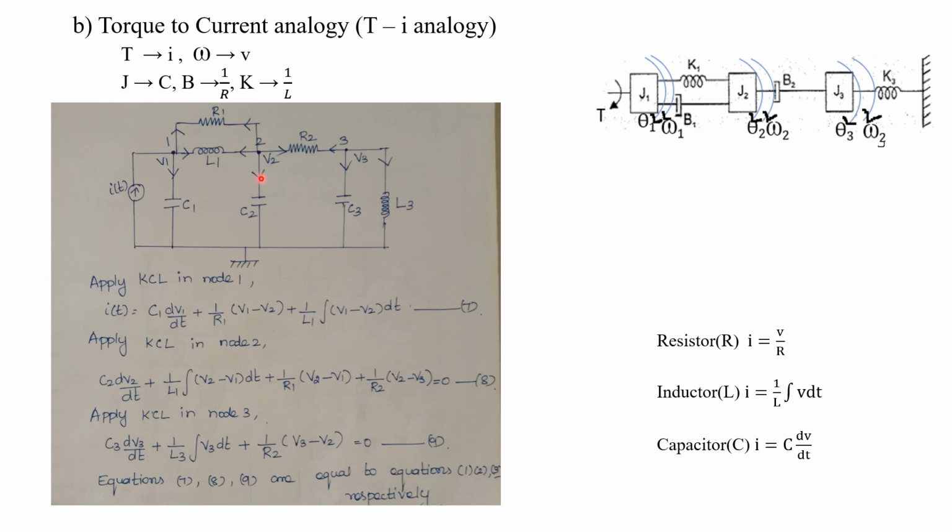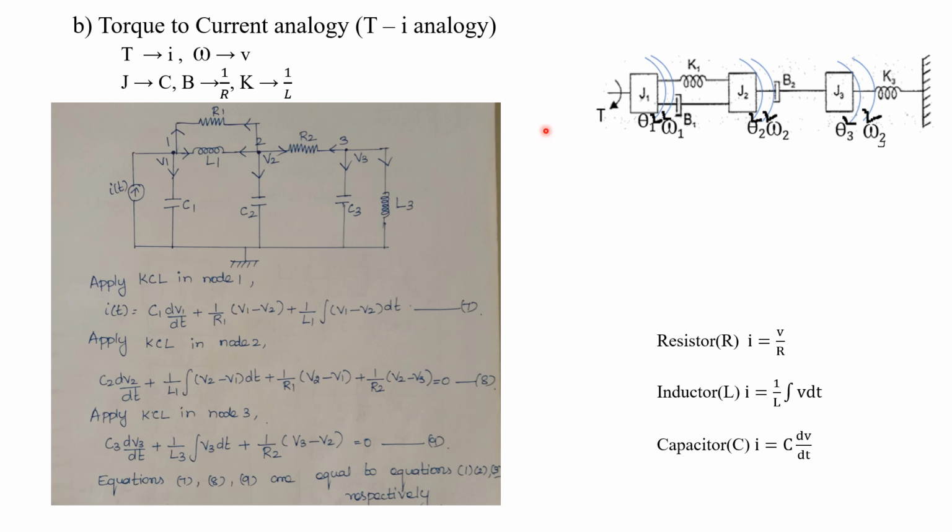We connect C2 between that particular node and ground. None of the other elements is connected only to this J2; all are connected between the various moments of inertia of mass. This B2 is connected between J2 and J3. B corresponds to R, so R2 should be connected between node 2 and node 3.